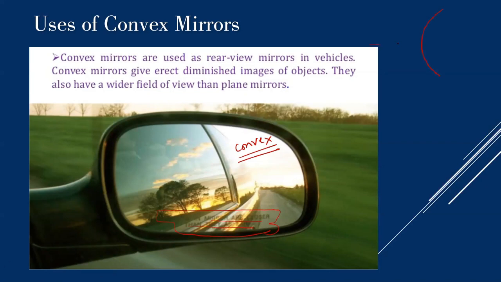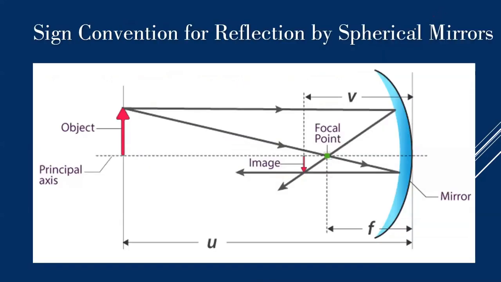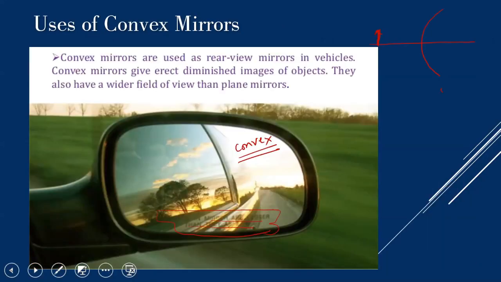This is a convex mirror, this is the principal axis. If the object is over here, where is the image going to be formed? The image is always going to be formed behind the mirror. Now it will get diverged, and as we know, the focus of the convex mirror is behind, so it is going over here.